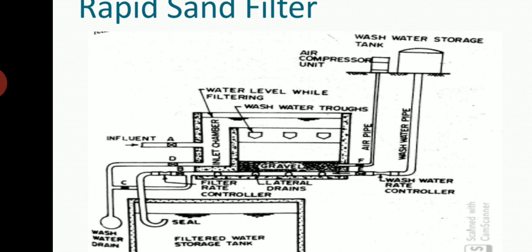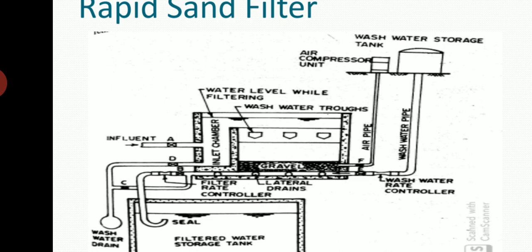So through these under drains we allow the water to spray in upward direction. When we do that, what is happening? The impurity settling around the gravel and the sand will move on top. The air being sent makes the particles stay in suspension.